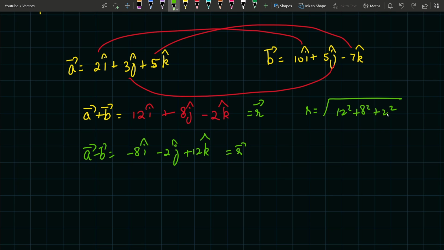Why am I squaring 2 here? Because if you square minus, it will become plus, right? So you don't have to include that minus here. So here also the resultant vector's magnitude becomes 8 square plus 2 square plus 12 square. You just take the magnitude of each component and square it. So add them together, take the root, and you'll get the magnitude.